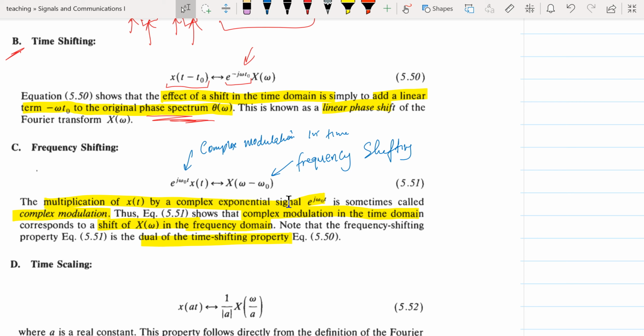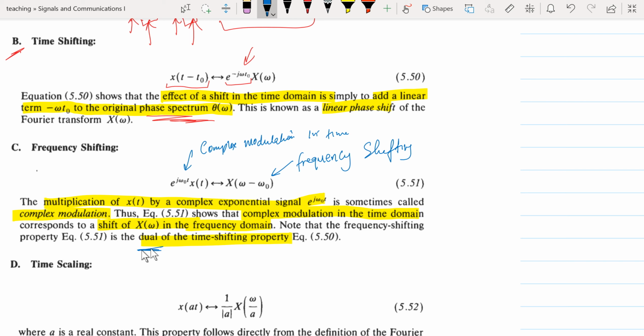Frequency shifting is very comparable to time shifting, and they are comparable because the two of them are said to be dual, or follow the concept of duality.